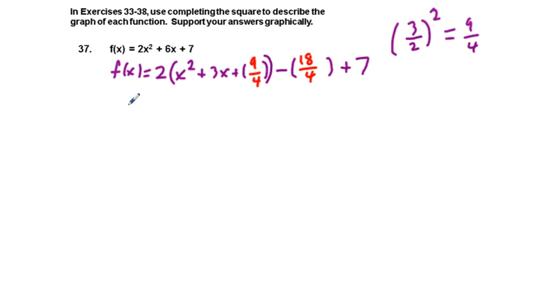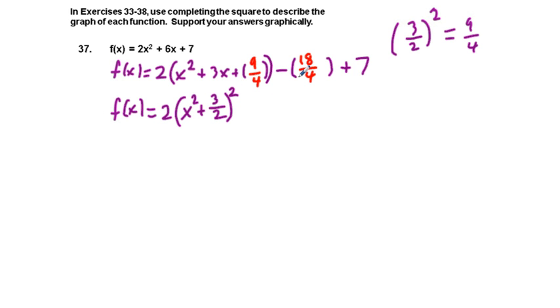And when we do that, we're going to have f of x, writing this as a perfect square, it's going to be 2. We're going to have x squared, and it's going to be plus this value of 3/2, we square that.